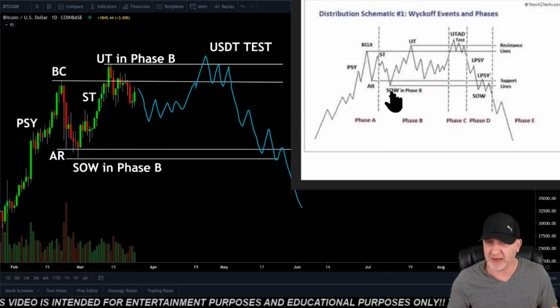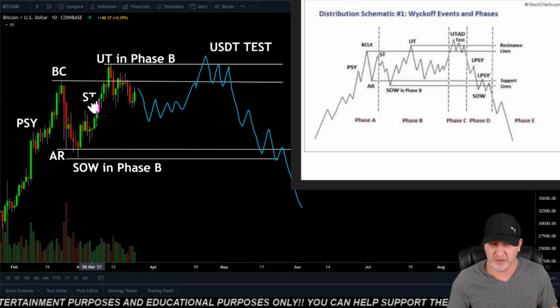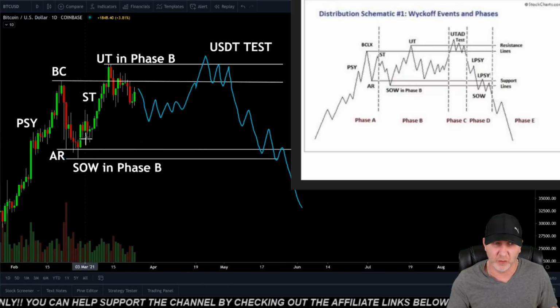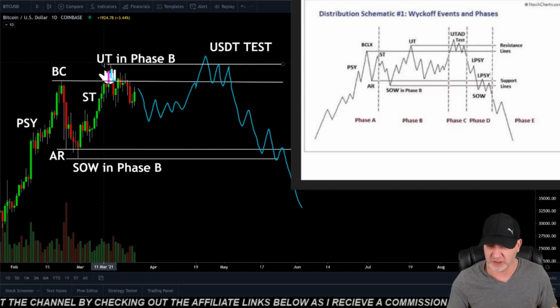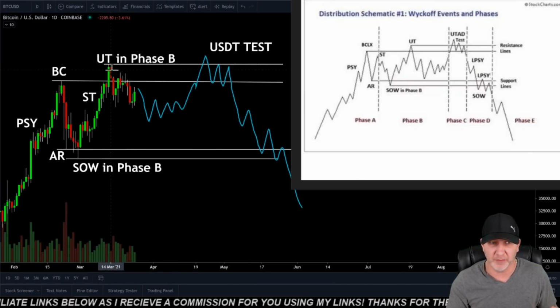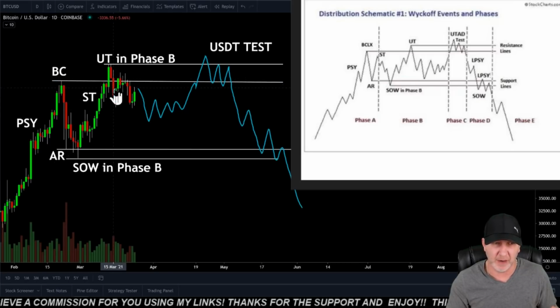And then we came back down lower. Well, first we got up to the ST, which is right here, and that's the secondary test. Then we came down to the sign of weakness here, where everybody bought it back up. And then we got up to our UT, which is the up thrust. And then you can see the trend line on the up thrust here. We dropped back below this trend line where the buying climax was.